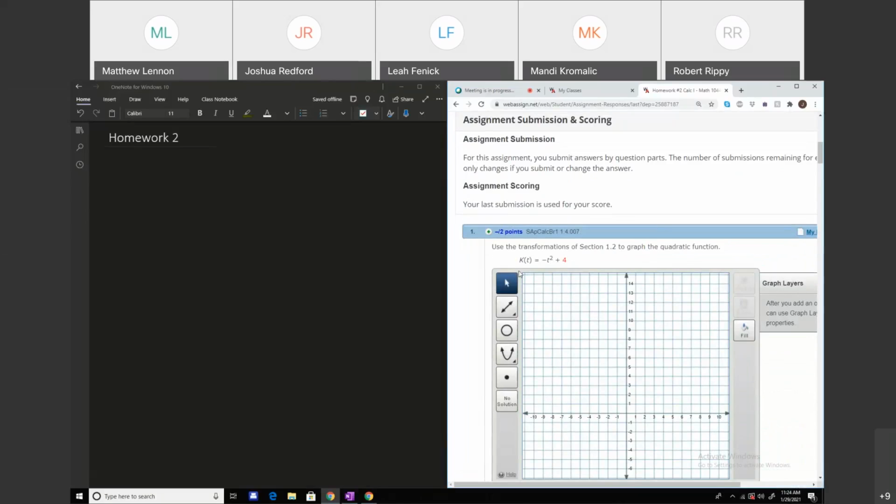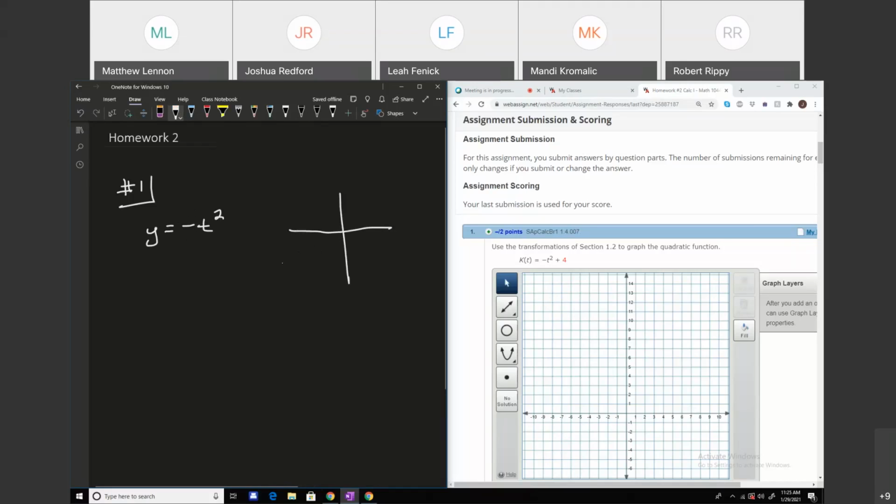But we want to graph the quadratic equation here. So we can use the vertex formula for number 1, but an easier way is to just use transformations. So y equals t squared minus t squared, let's say. We all know it just looks like this.